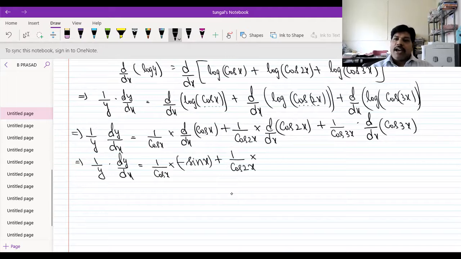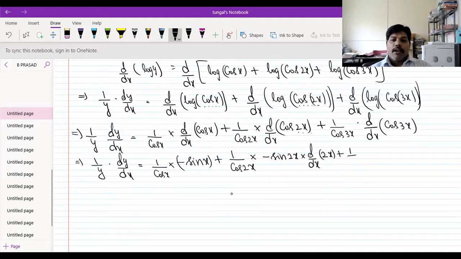So cos x is minus sin x, but cos 2x derivative is minus sin 2x into derivative of 2x. Why? Because cos f of x derivative, we already know, is minus sin f of x into f dash of x. So here f of x value is 2x. I understand that. So minus sin f of x into derivative of f of x.